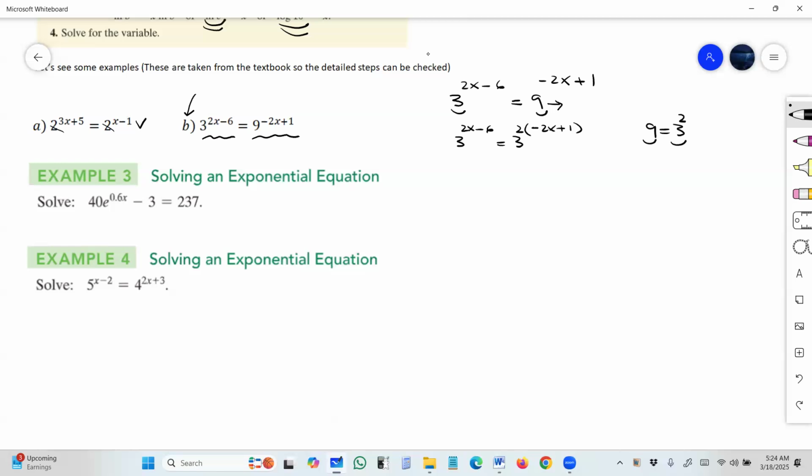Okay? Now, look what happens. The bases are the same. So just as before, this becomes a type A problem. They cancel. I am left with just the exponents. And again, this becomes a linear equation. I will distribute the 2, and I'll solve this now, right? All of the x's to the left, add 4x to both sides.